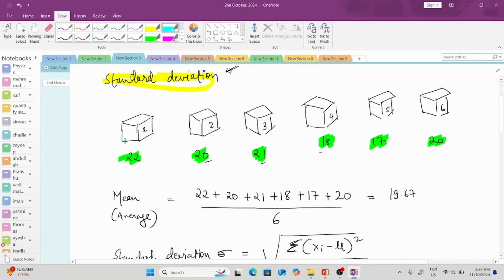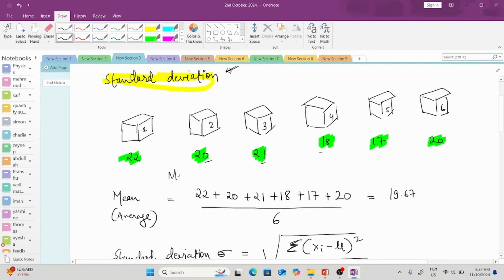You cannot give all this data together. You need to represent the data by a single value, which is known as the mean. We will give the average of it. You add up all the individual compressive strengths and divide by the number of compressive strengths.